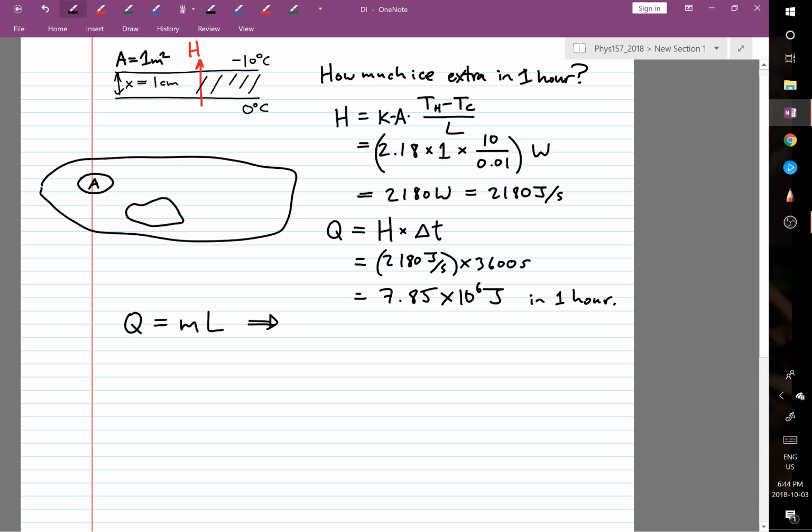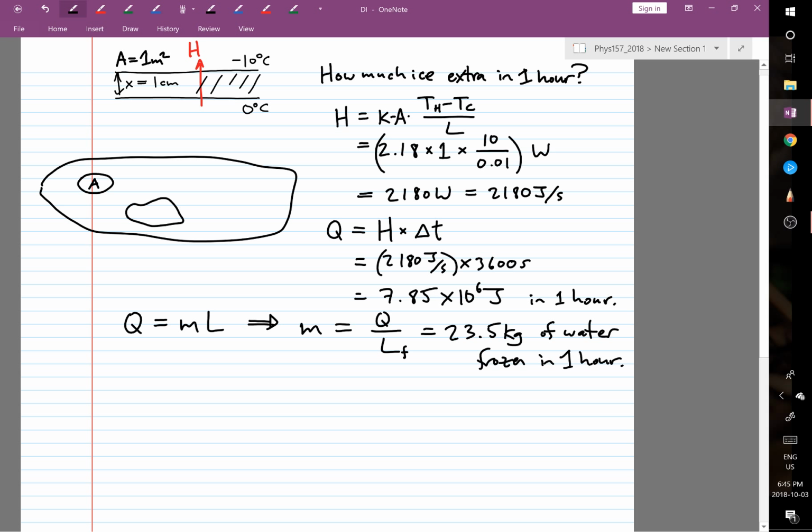So the mass of water we freeze is Q over L, using the latent heat of fusion for water, and that works out to 23.5 kilograms of water frozen in 1 hour.